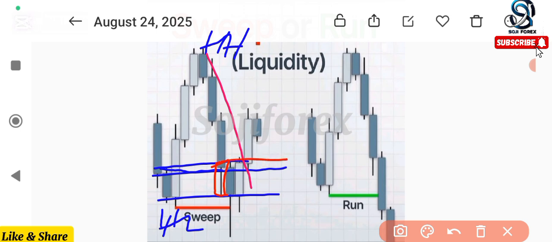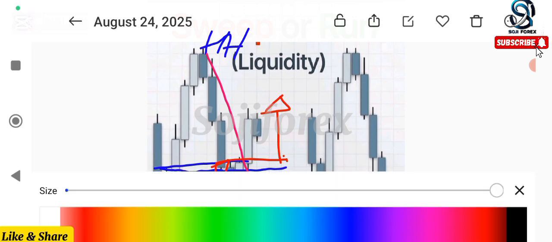You make your buy entry expecting price to move to the upside, and you now realize that after buying on that pin bar, price continued going deeper.